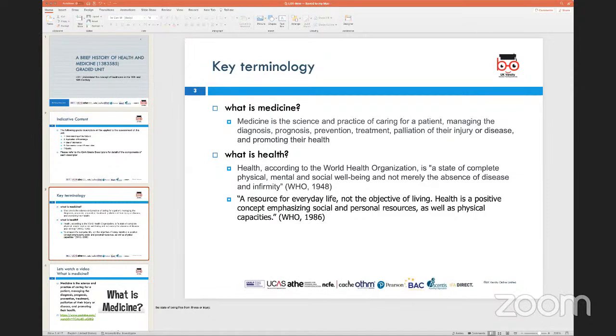Now, medicine is accepted as a science or a practice of diagnosing and treating patients, and in some cases preventing diseases. It is essentially a science or practice which allows us to diagnose, treat, and prevent diseases which can happen in humans, and that is why we use this term medicine.